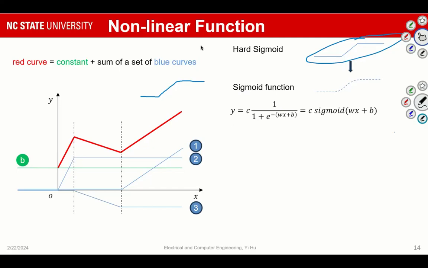It goes in this way. There are three coefficients here, and those coefficients can change the shape of the blue curve. You can see there are three curves, 1, 2, 3. Each of them has a different shape. Some may be higher, some may be longer, and some may also be shifted.